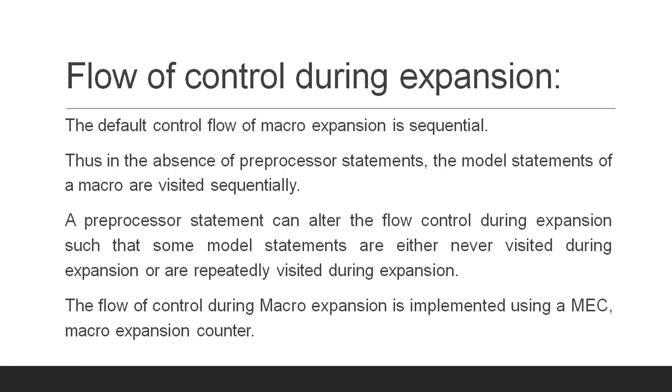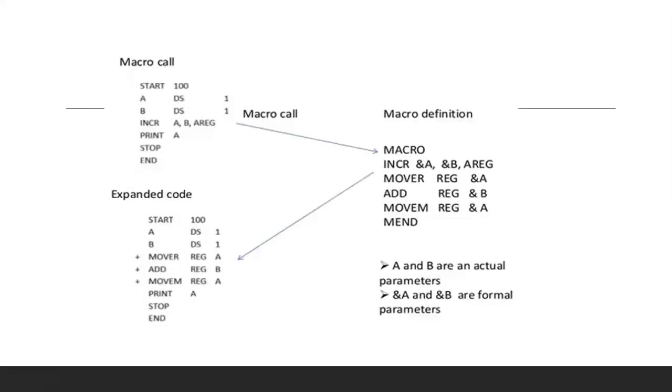A preprocessor statement can alter the flow of control during expansion such that some model statements are either visited repeatedly or some model statements are never visited, because these preprocessor statements can make the control jump to a particular statement. The flow of control during macro expansion is implemented using a MEC, macro expansion counter. We are going to see how the MEC is implemented using an algorithm.